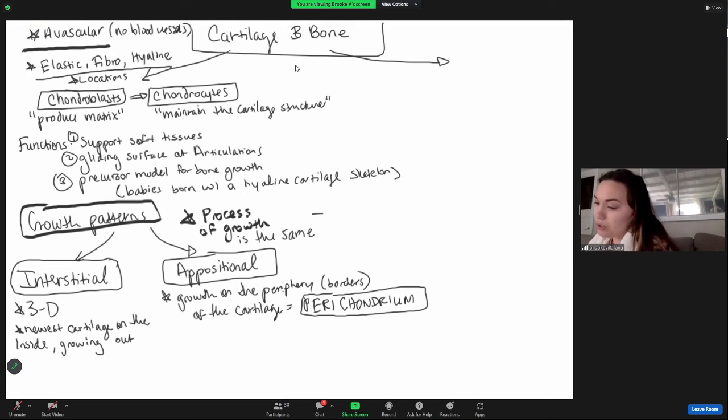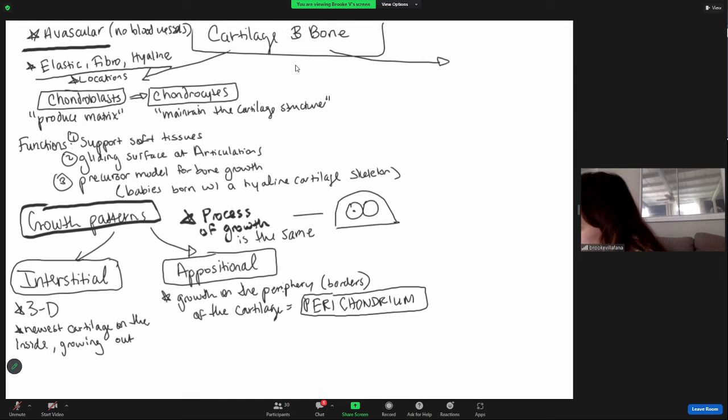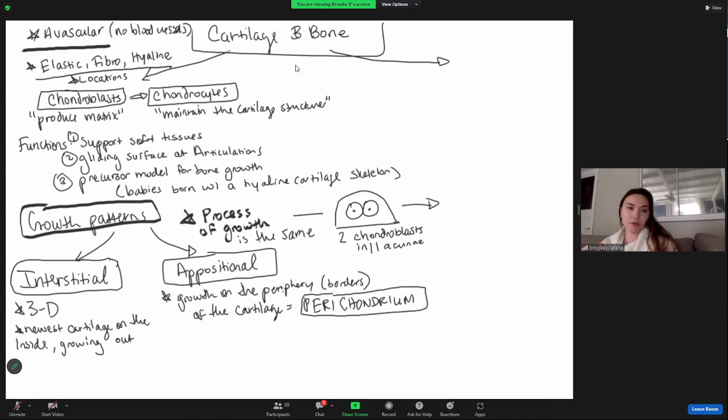So what we're going to do is start with two chondroblasts in one lacuna. Those will produce matrix. Remember, we have chondroblasts that produce matrix.